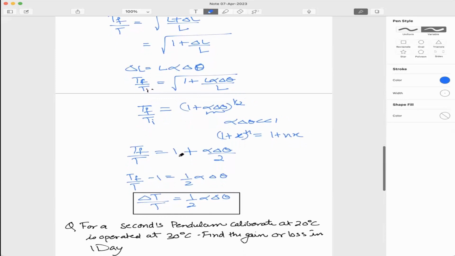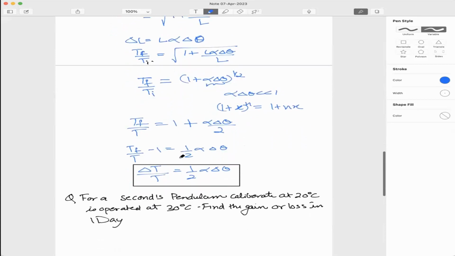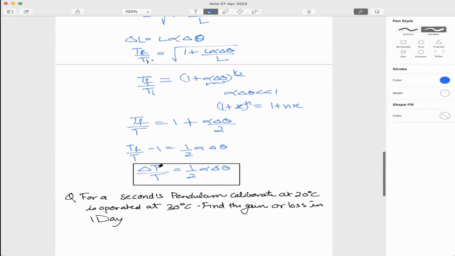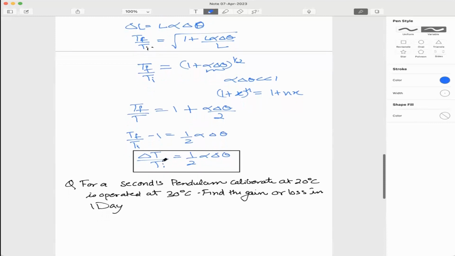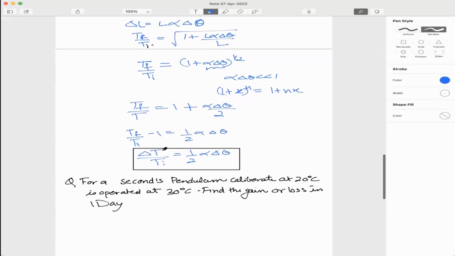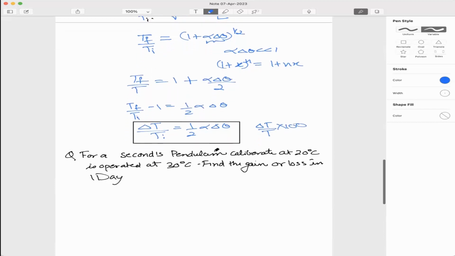So Tf by T comes out to be 1 plus alpha delta theta divided by 2, and so we get delta T by T, where T is the initial. So the change in the time period comes out to be 1 by 2 alpha delta theta. If someone asks for the percentage change in the time period, that is delta T by T into 100, so you can get this.